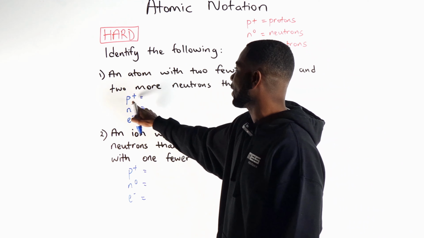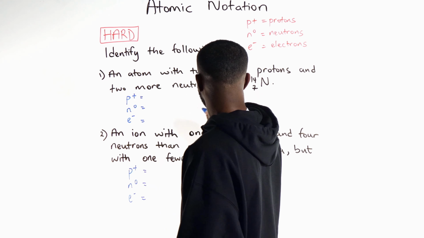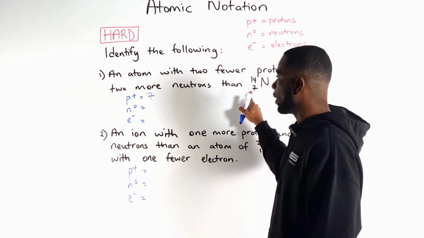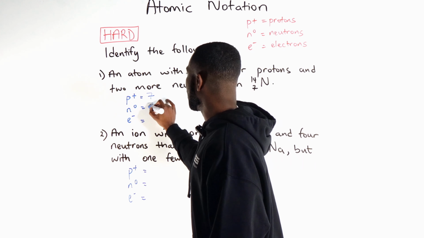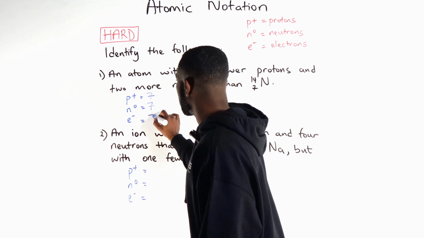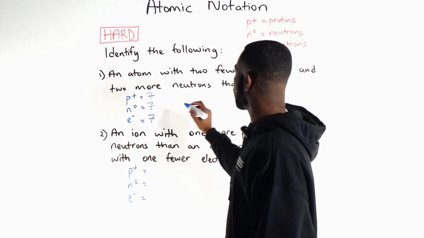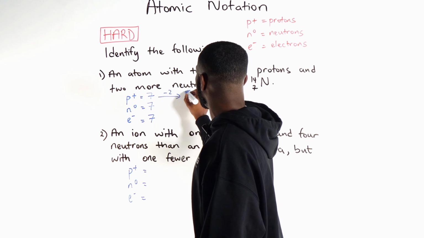So what we're looking at here, protons wise, we have fewer protons. So even when we look at where we start, it has to be 7 based on the atomic number here. And the number of neutrons, 14 take away 7 is 7. And because this is an atom here, we have the same number of protons as we do electrons. So if we have fewer protons by 2, -2 over here takes us to 5.